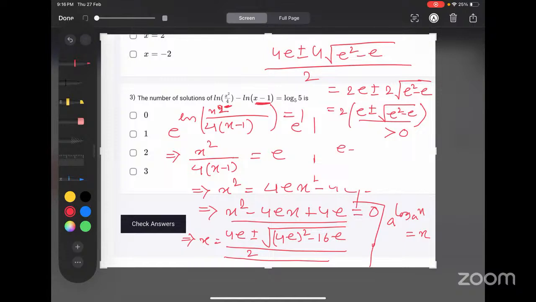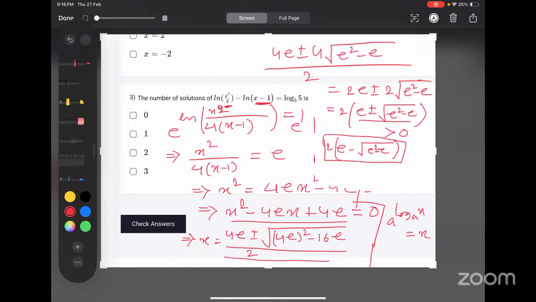Now, can't we put the value of e? The arithmetic value of e cannot be used here. We have to check whether this value is greater than 1 or not. You can use a calculator.